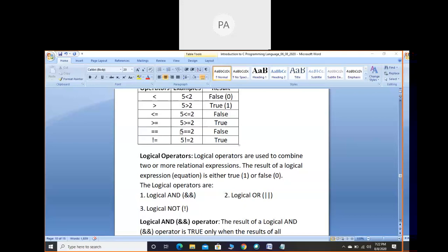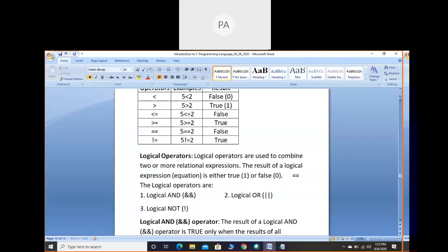Is 5 equals to 2 enough? There is no need to say "is 5 equal to 2" or "is 5 double equals to 2". If we simply say "is 5 equals to 2", it is understood. I will tell you why we should not worry about this. A single equals to is the assignment operator, and a double equals to is the relational operator.